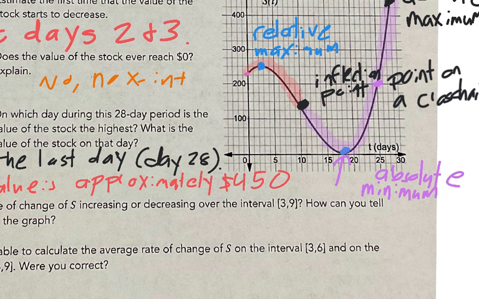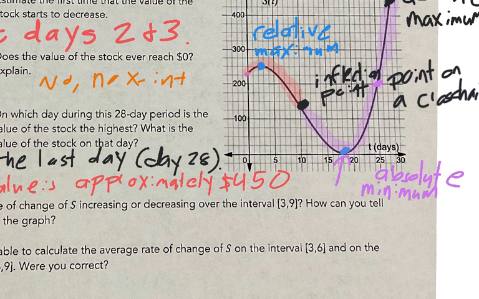That's the best one I've heard yet. But that's not the way they're going to want it explained either. You're right, but you're explaining it like a calculus person, and we want you to explain it like a pre-cal person that doesn't really know what tangent lines are yet. So what's another way you could tell that it's decreasing?